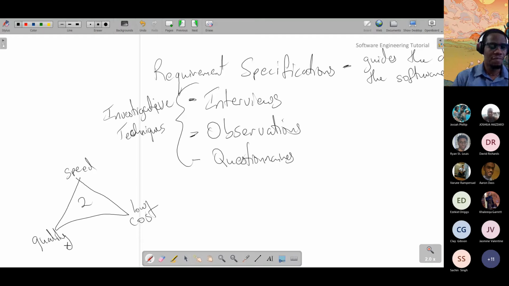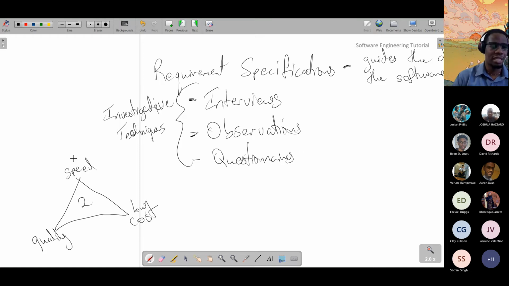If you want the software to be high quality, again, you either have to pay for rapid development, or if you choose low cost, then you mightn't get the software in the timing that you want, right? And if you want your software at a low cost, either you get it quickly or it will be poor quality. There's always a sacrifice.